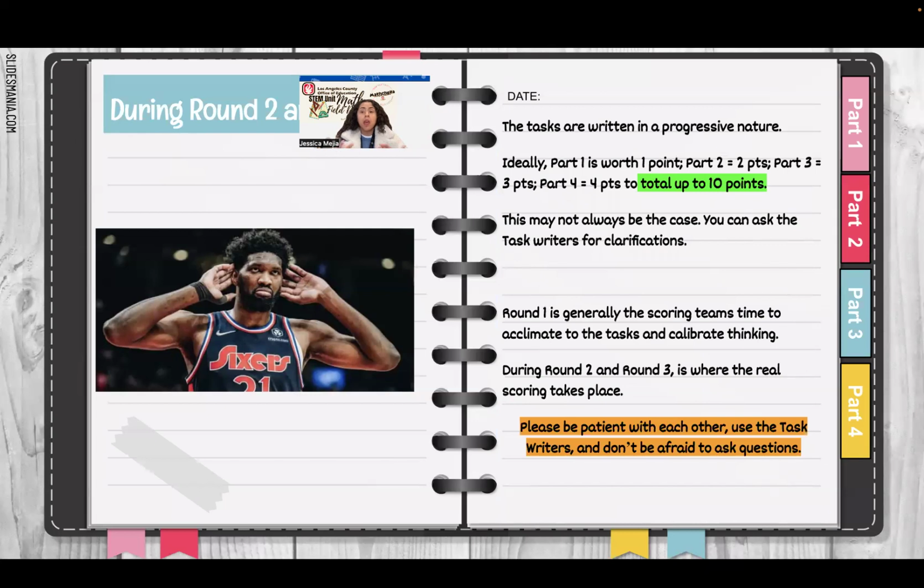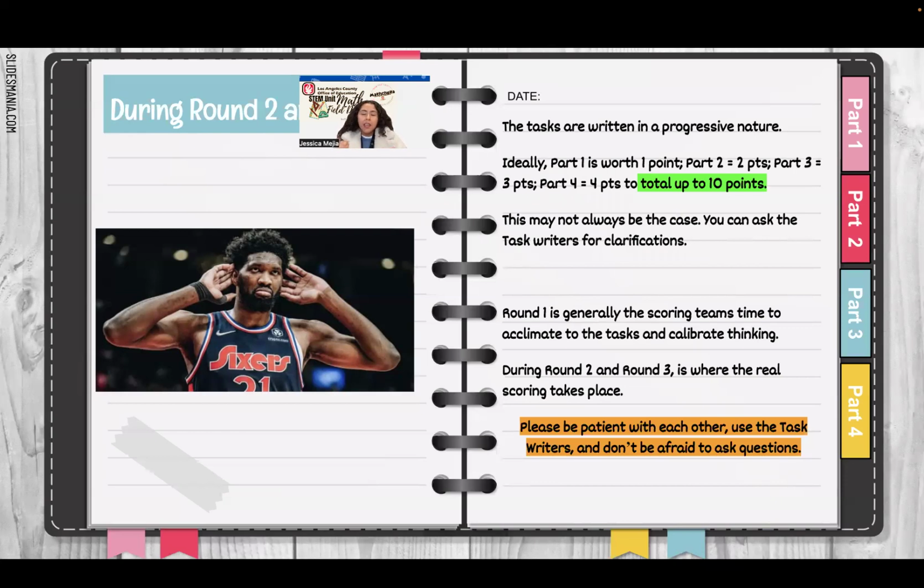And this may not be the case, but you can ask for clarifications to the task writer or to John, who will be in the room as well. And round 1 is generally the judges' or the scorers' opportunity to calibrate and acclimate about their thinking. And then, like I said earlier, during round 2 and 3, that's where most of your real scoring will take place. And so with that, we ask that you just please be patient with each other, right?